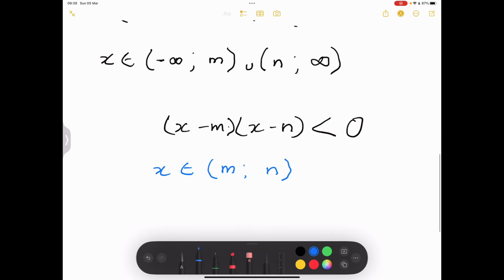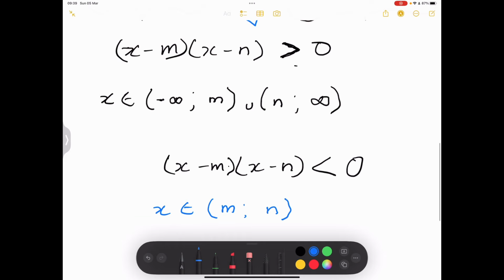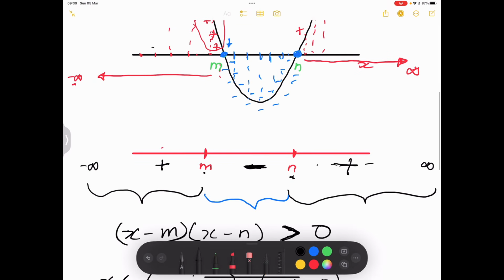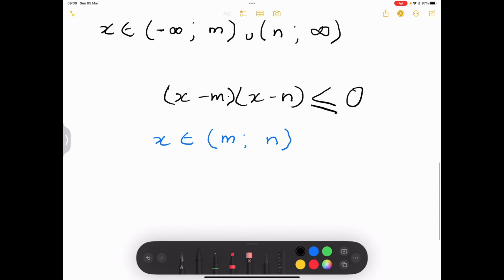So what would be the difference if we had said less than or equal to? The difference is that then we are including our critical values, the values of m and n. And so when we write down the solution for that, we would say x would be an element of m, from m all the way until n, and we are going to include those values.